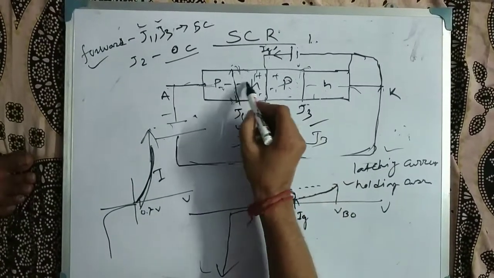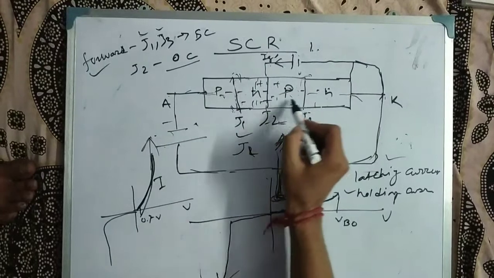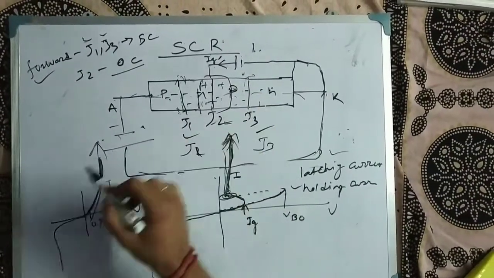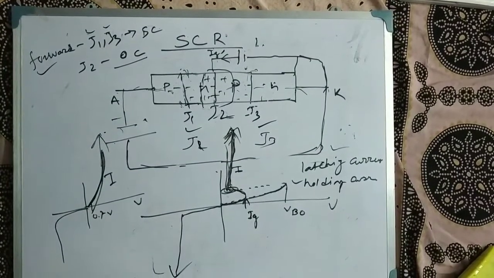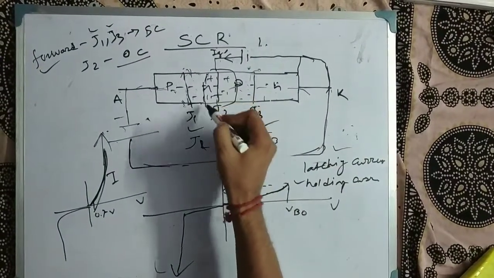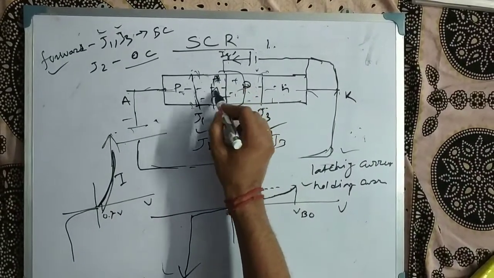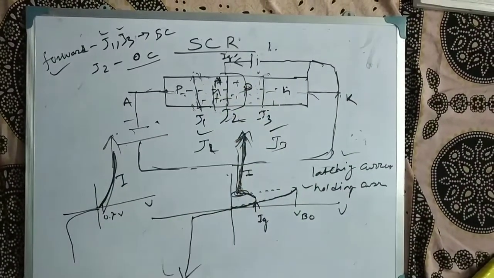Because if the anode current is decreasing, what will happen? The J2 layer will act again. The J2 layer barrier potential comes into the picture again, and J2 also acts as an open circuit.